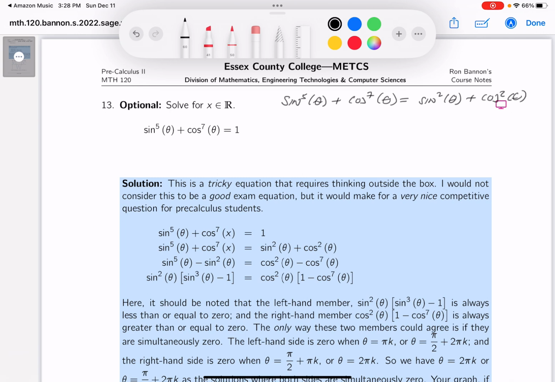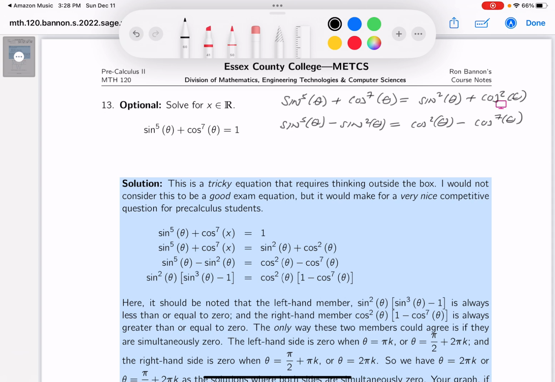I'm going to collect the sines on one side and the cosines on the other. So you're going to get sine to the fifth power theta minus sine squared theta is equal to cosine squared theta minus cosine to the seventh of theta.